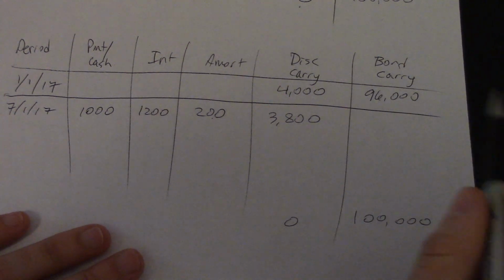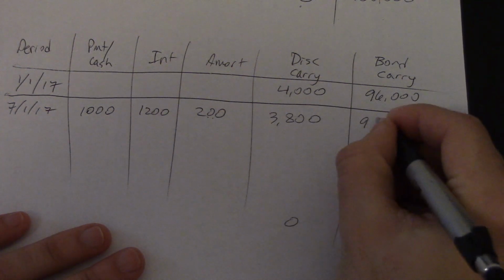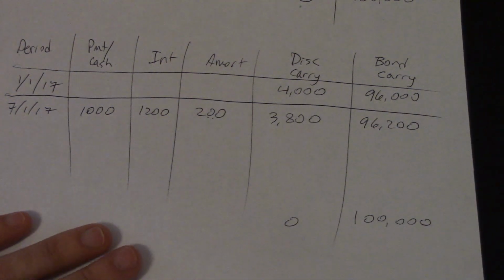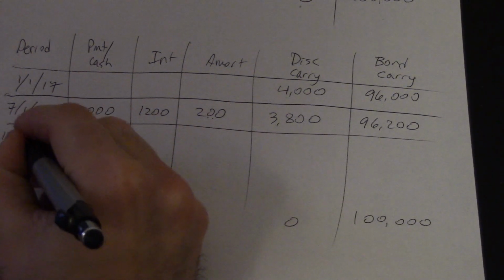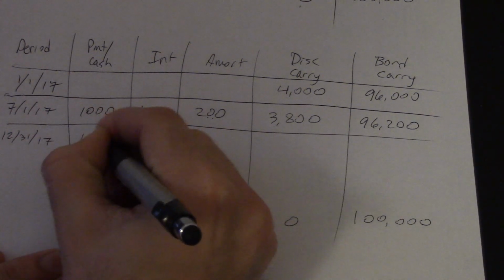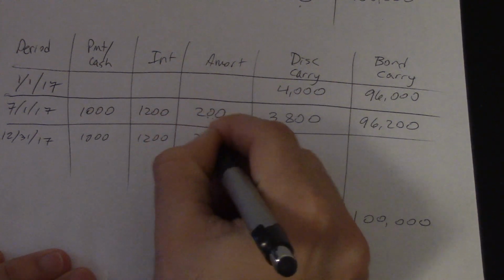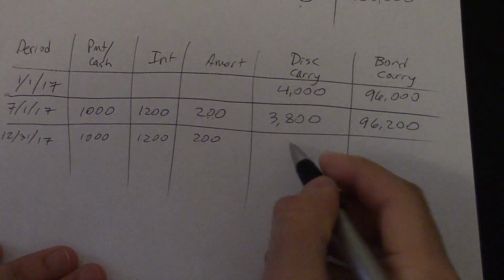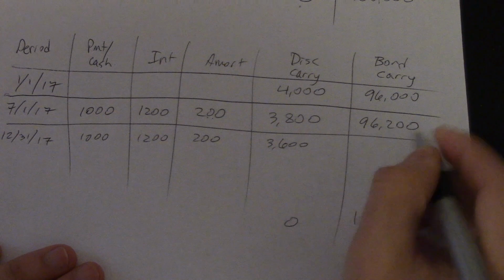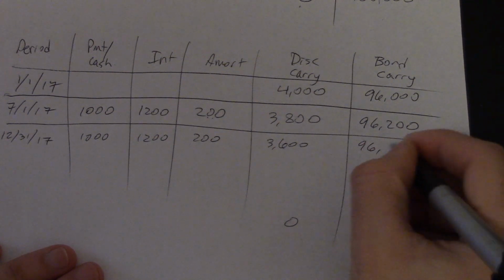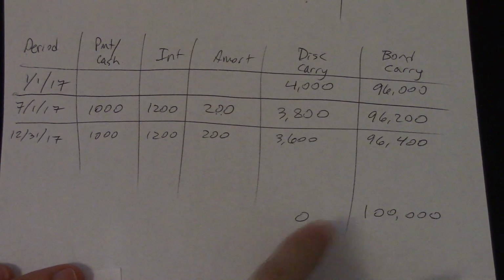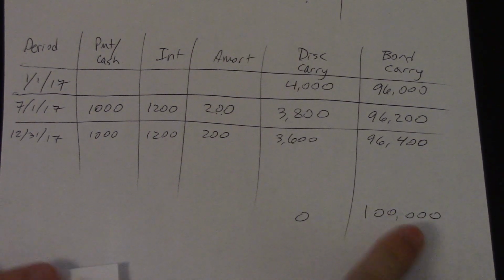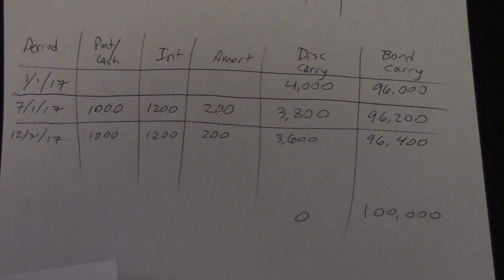So instead of subtracting, I'm going to add the amortization. And then 12/31/17. Again, same numbers from the journal entry. Our discount is now 3,600, and our bond carrying value is 96,400. And that will continue on until the discount is 0 and the bond is 100,000.